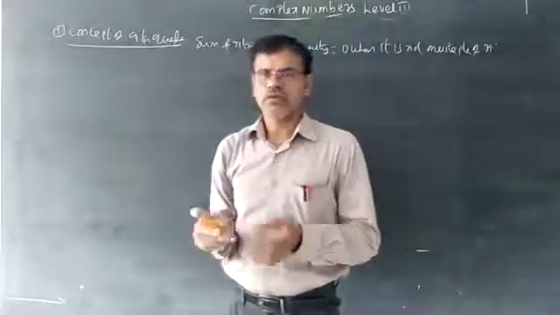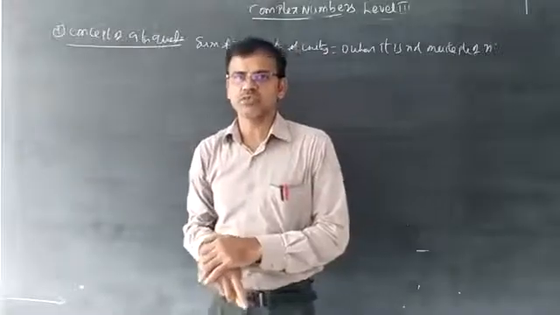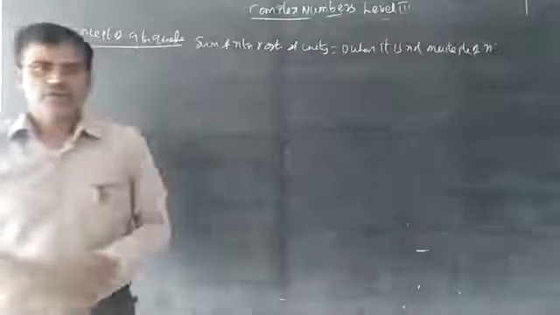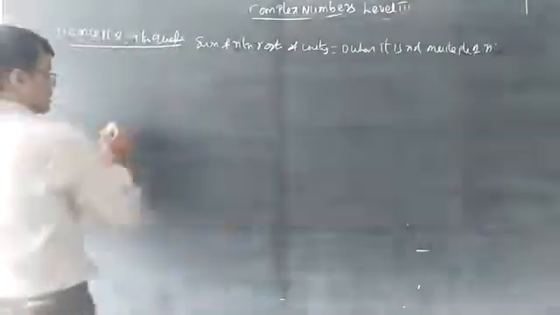For example, omega is 1 power 1 by 3, 1 plus omega plus omega square equals 0, like that. If it is a multiple of n, then the value is n.